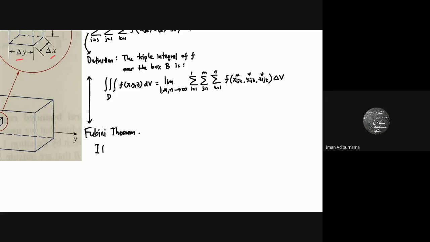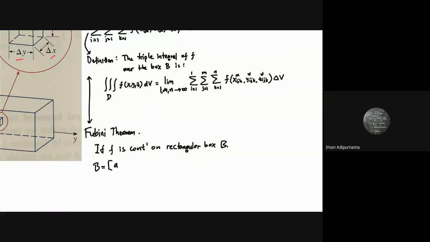So if f is continuous on a rectangular box B, and B is basically a volume, as I mentioned, this is X, this is Y, this is Z, okay?